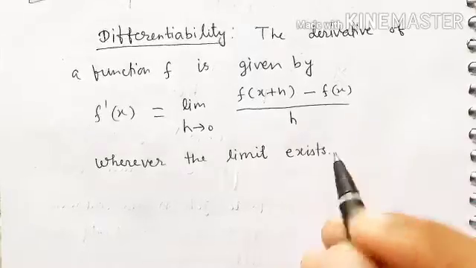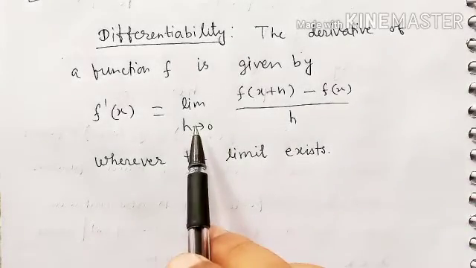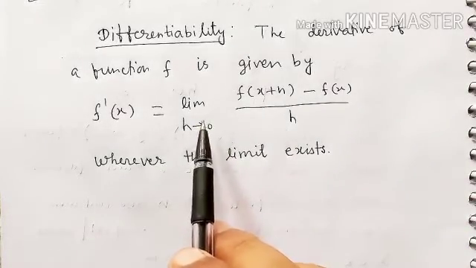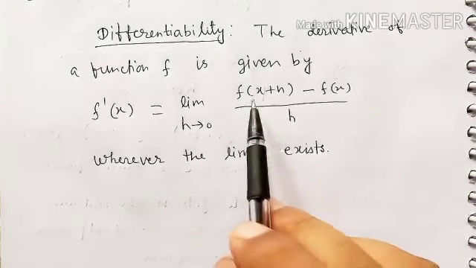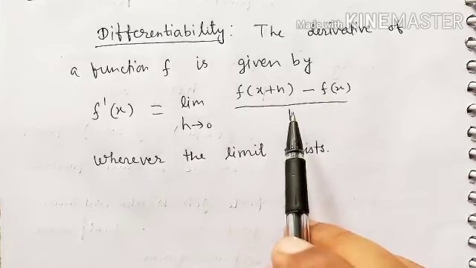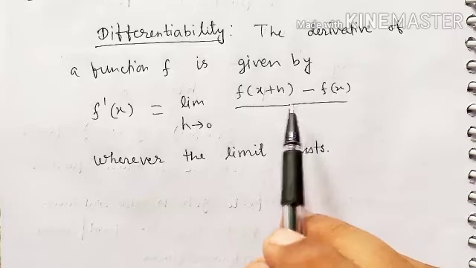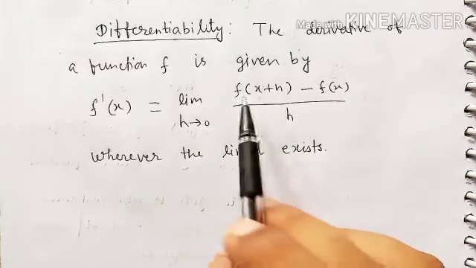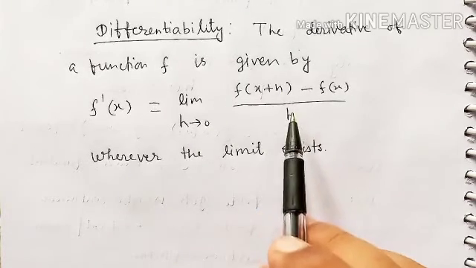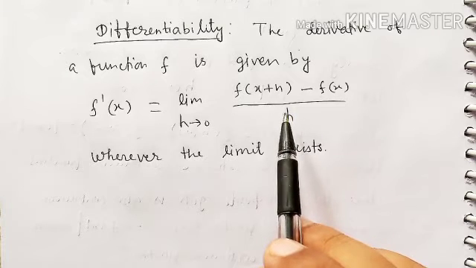What does it mean? It means the left hand limit, that is limit h tends to 0 minus f of x plus h minus f of x by h, and the right hand limit, that is limit h tends to 0 plus f of x plus h minus f of x by h, are equal.